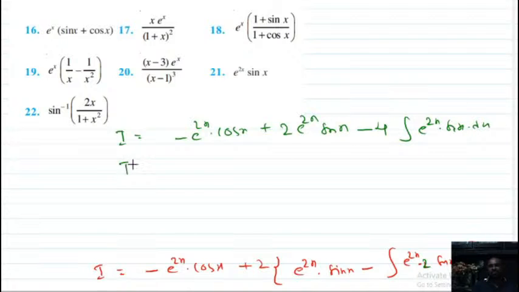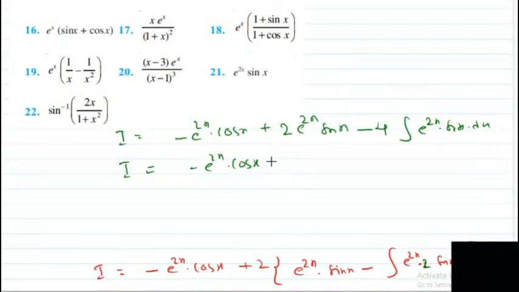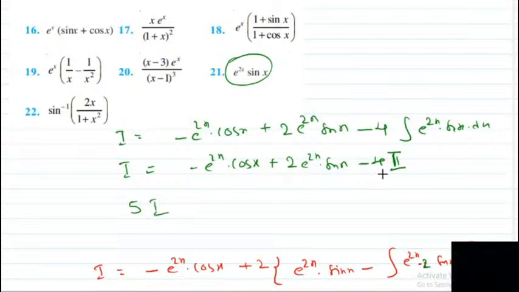So here is the interesting step for us. I is equal to minus e^(2x) into cos x plus 2 into e^(2x) into sin x, minus 4I, since the last integral is I itself.